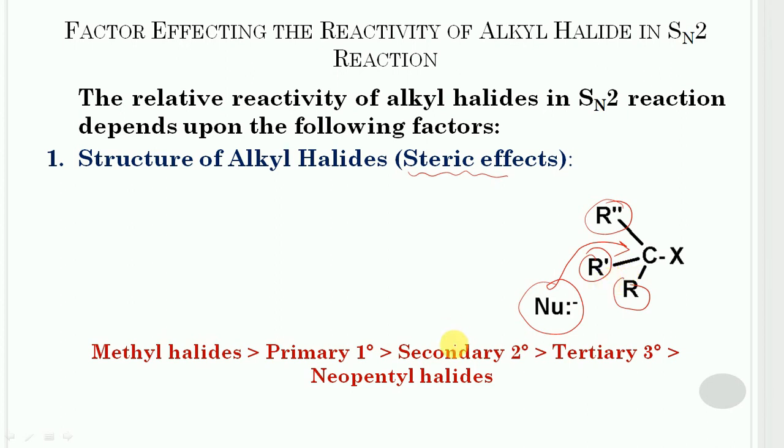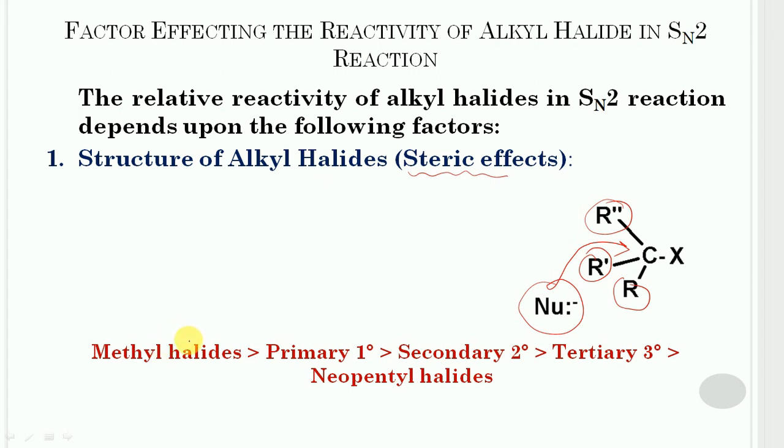So due to this crowding, the nucleophile finds it more and more difficult to attack the carbon bearing the halogen atom. In other words, due to the steric hindrance, the attack of the nucleophile becomes impossible, and due to this the rate of SN2 reaction decreases.